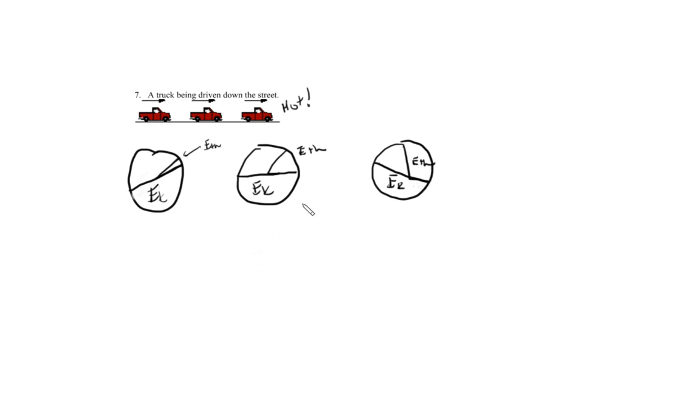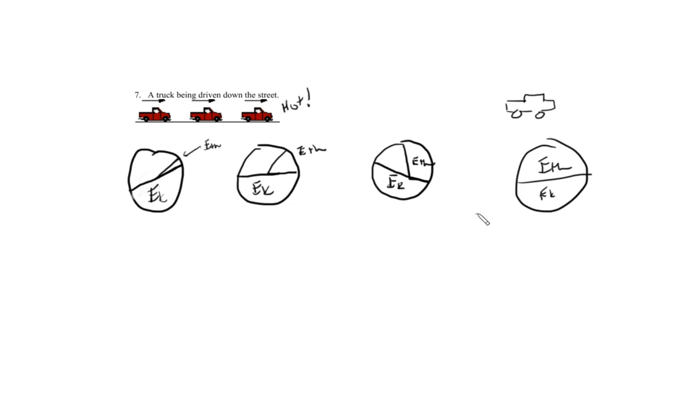Now, let's imagine that this keeps going and going and going. Let's say down here is our truck again. This is after it's driven for a long time. We have all this energy stored thermally, and there's no more energy to convert to thermal. None whatsoever. You know what this is?